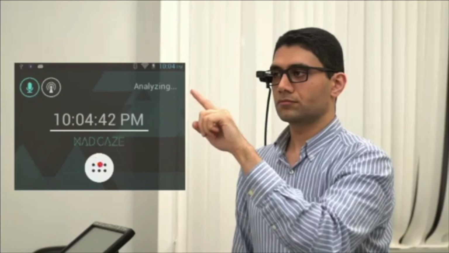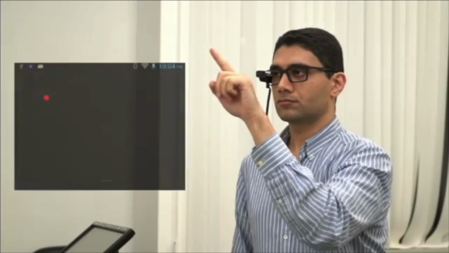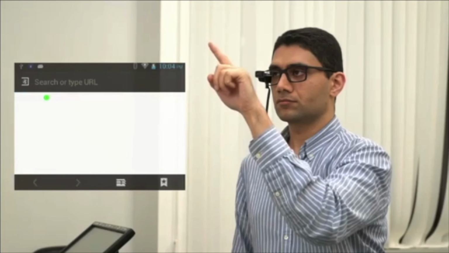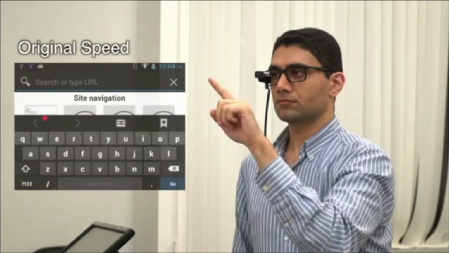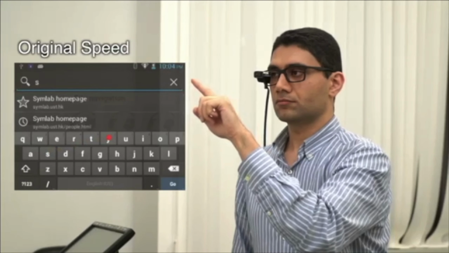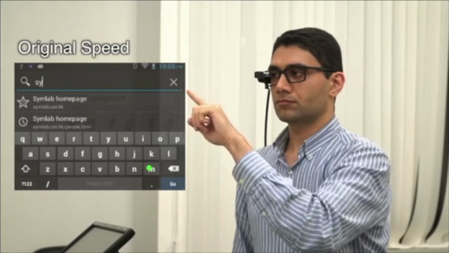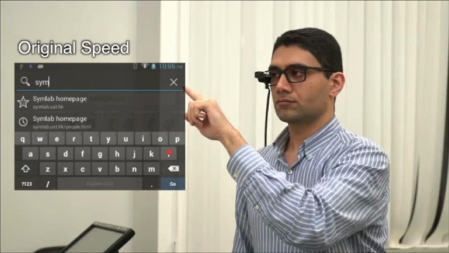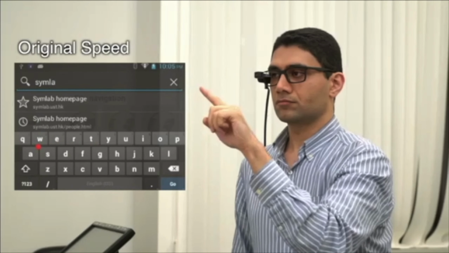The user points at the start button, does mid-air taps and clicks into the browser, and starts typing SimLab, like what cannot be done on Google Glass with voice input. SimLab is a special word, which is the name of our laboratory.